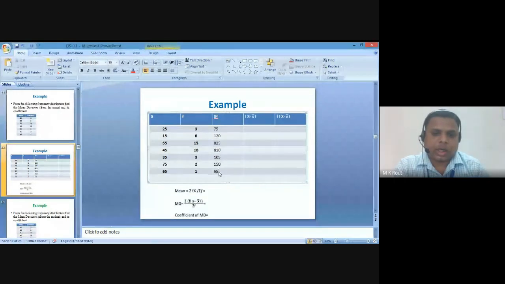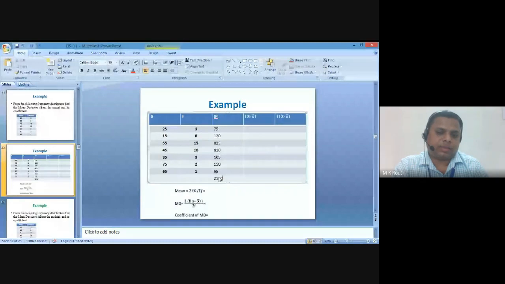Okay, so calculate the sum of f into x. What is the value? 2150. The second step is to calculate x bar, or the mean.